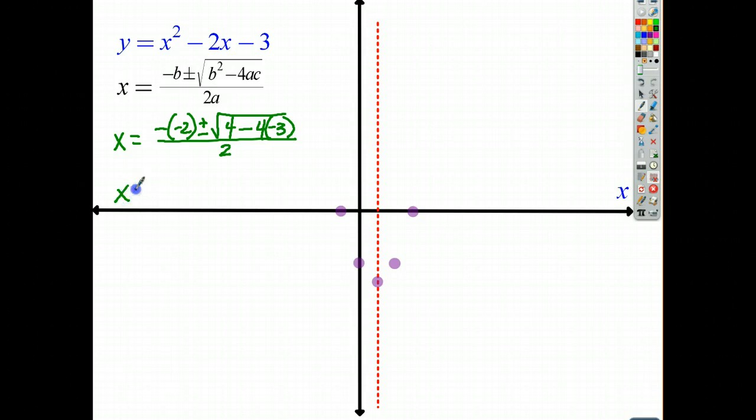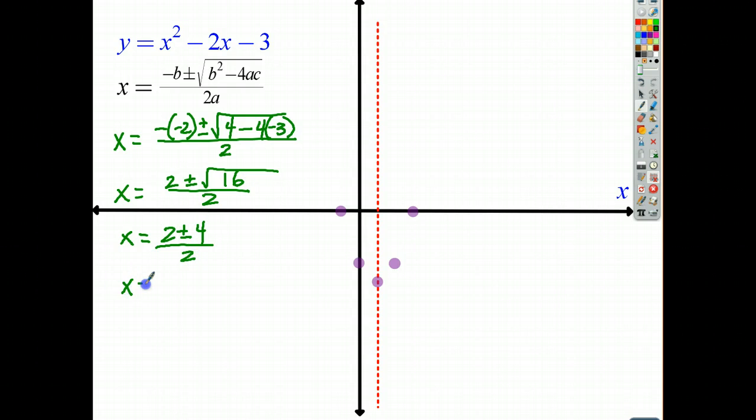All right, so x is equal to 2 plus or minus the square root of 4 minus negative 12, so this is 4 plus 12, which is 16, all over 2. So x is equal to 2 plus or minus the square root of 16, which is 4, over 2.